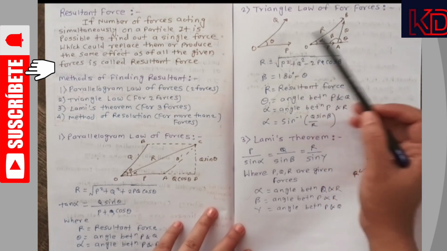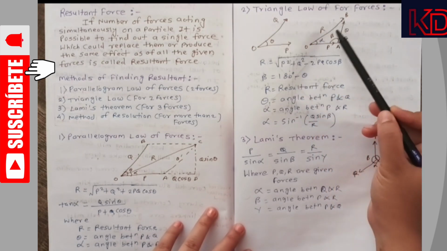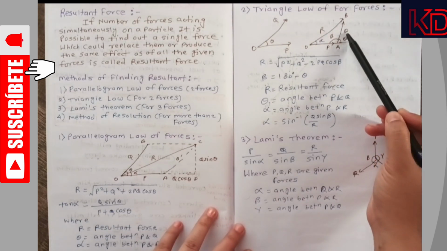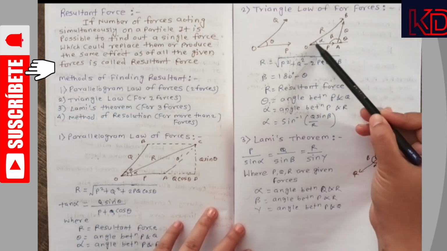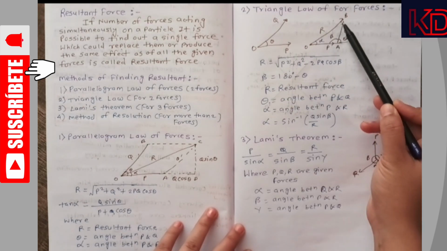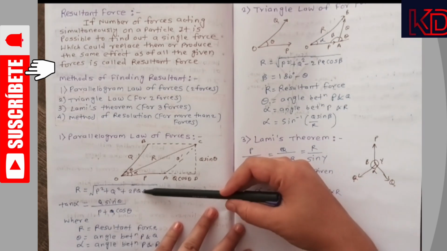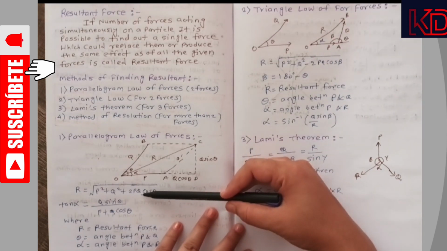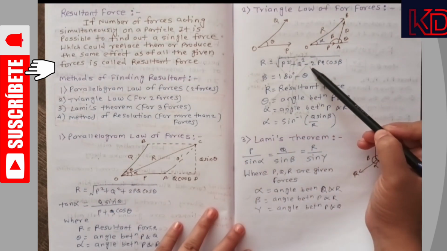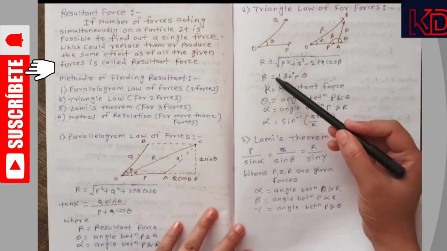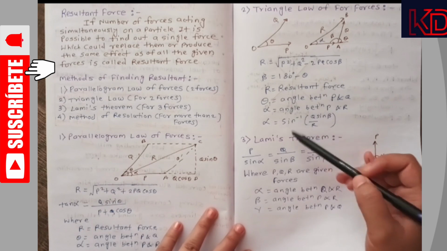Based upon this triangle we have added one resultant force, because two forces, P and Q, are acting here, and that's why we are subtracting it. Whereas in the first method we were adding it, in the second method we are subtracting it. So these are the things I have listed.